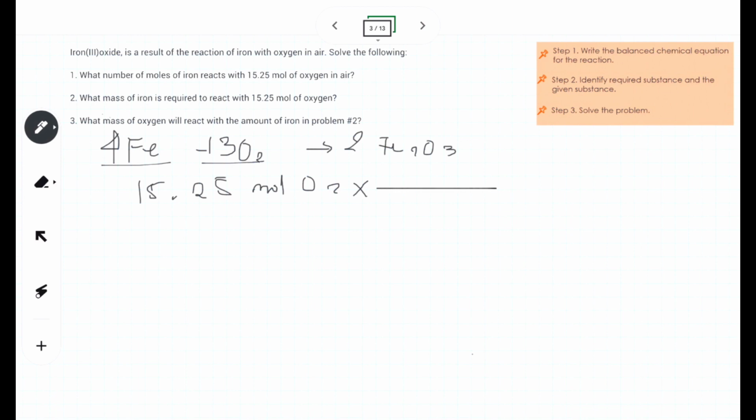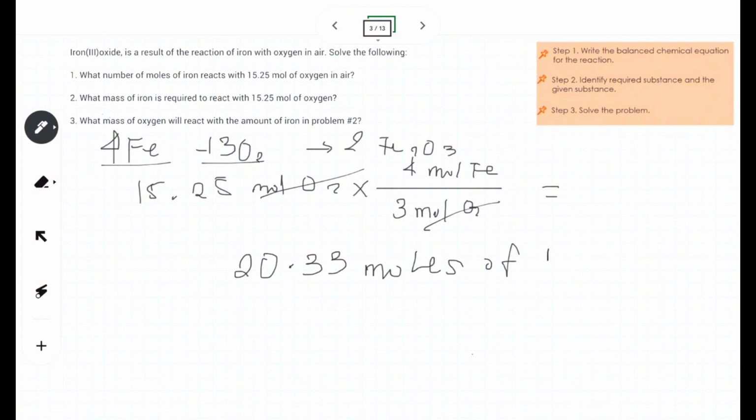So let's put 3 moles of oxygen at the bottom and 4 moles of iron at the top. So the answer is going to be 15.25 times 4 and divided by 3, which is 20.33 moles of iron.